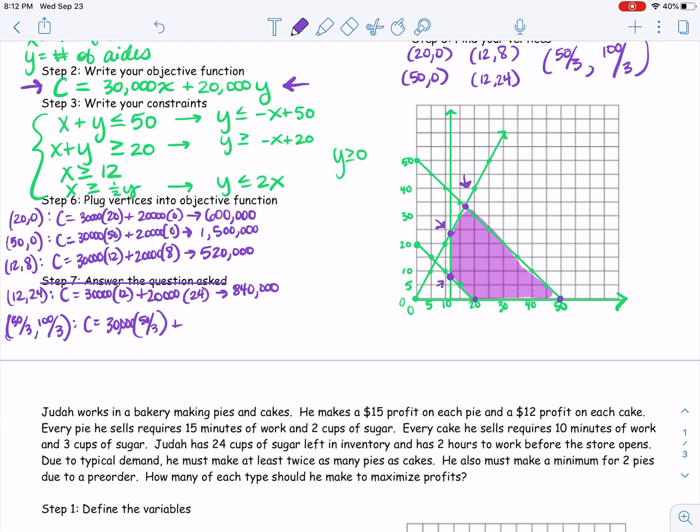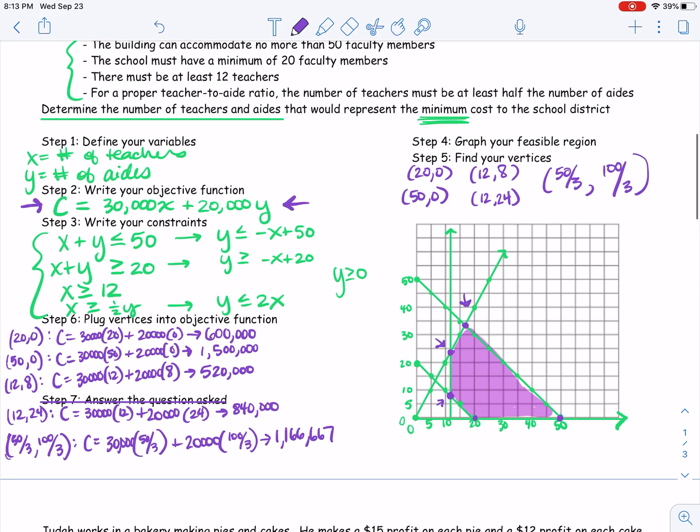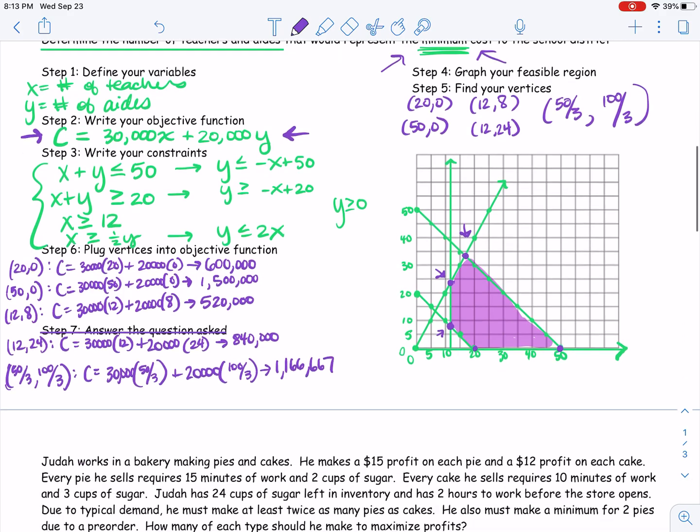Okay, and then 20,000 for 100 over 3, and that would give us a cost to the district of $1,166,667.